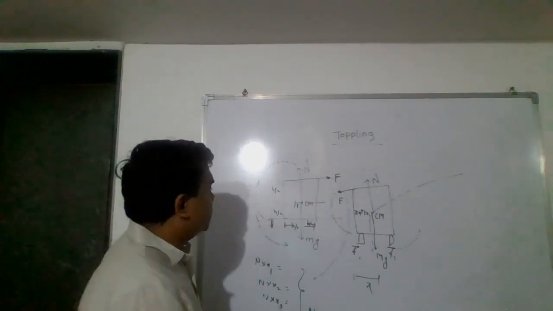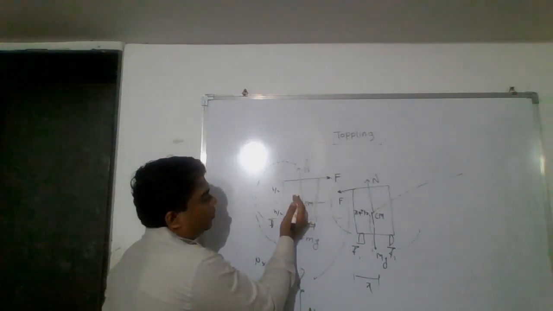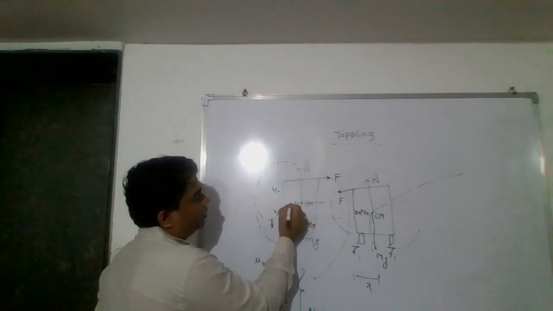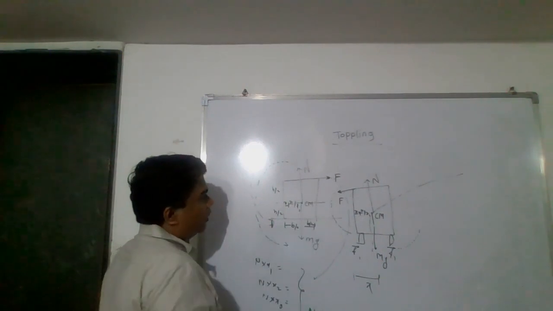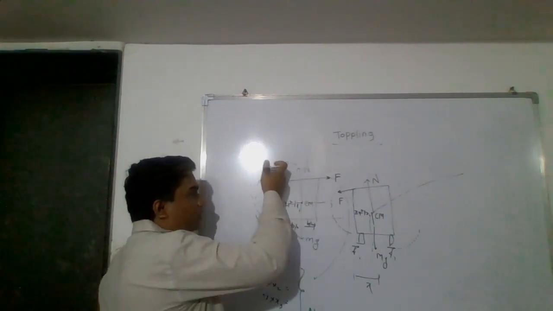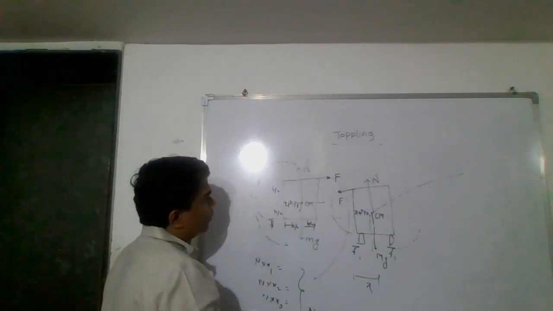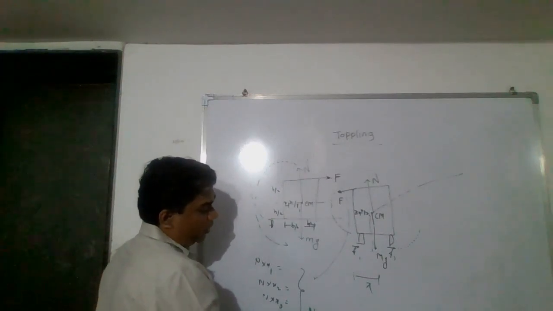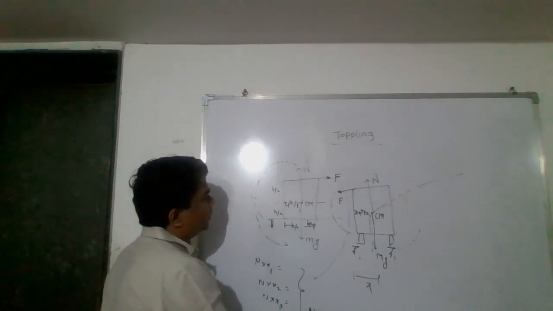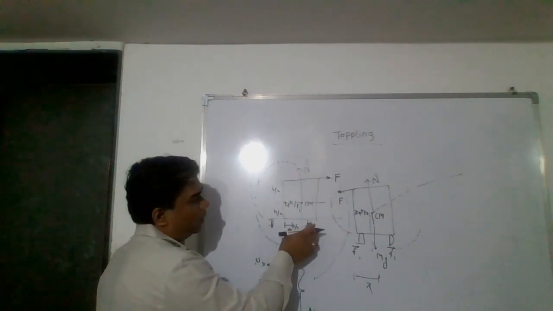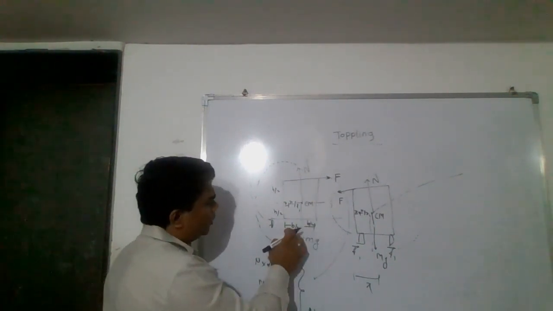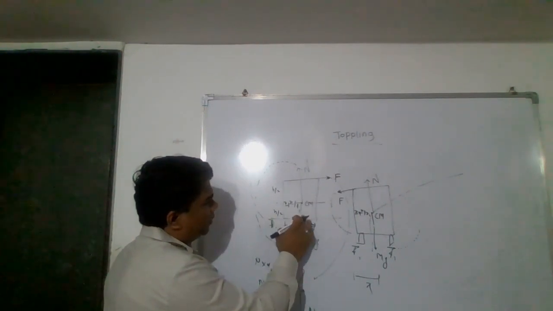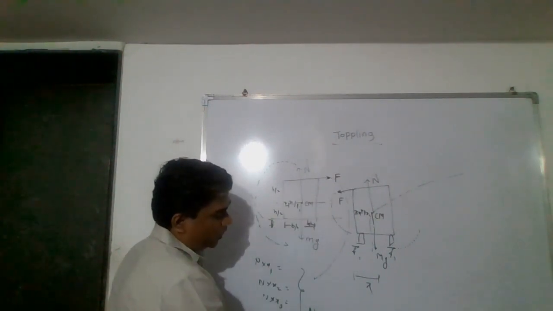That means this N is shifting away from the center of mass slowly, x1, x2, and x3, and this balancing couple value increases gradually. After that, there is a certain limit. What is the limit? Because of the width of the body, the maximum it can attain is N into b by 2.